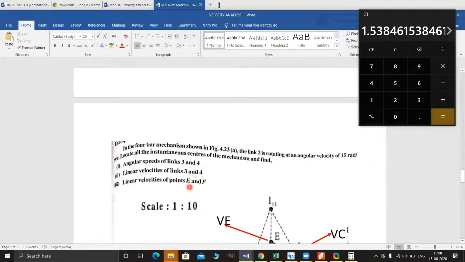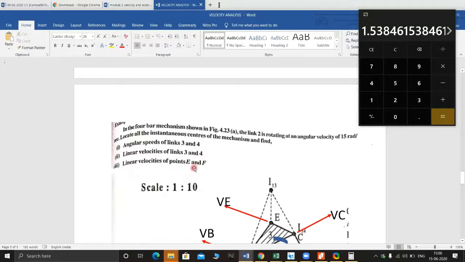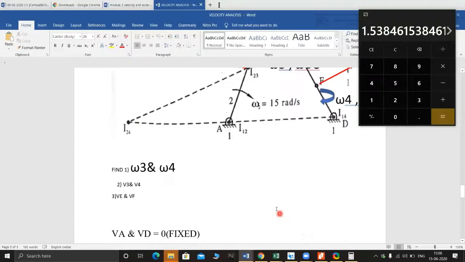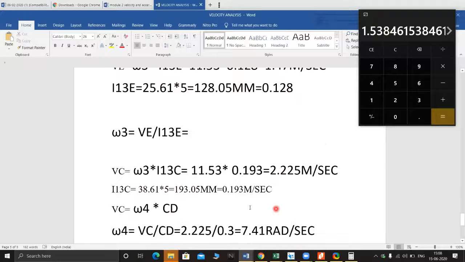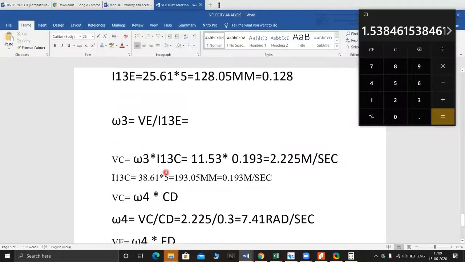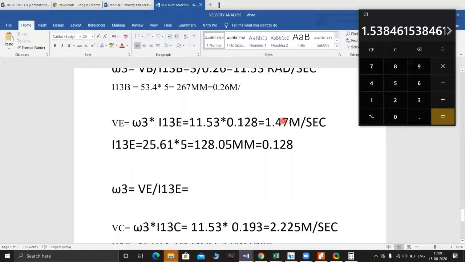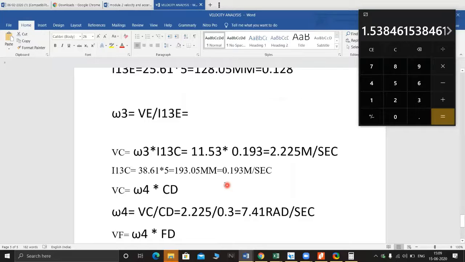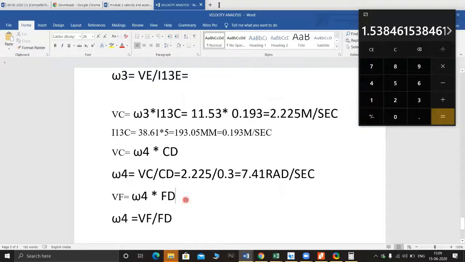We got omega 3, omega 4, V3 and V4. Finally, the question is VE and VF. What is the formula we already derived? VE, where is VE? I think we already calculated it. That is 1.47 meter per second. But finally we require VF. What is VF?